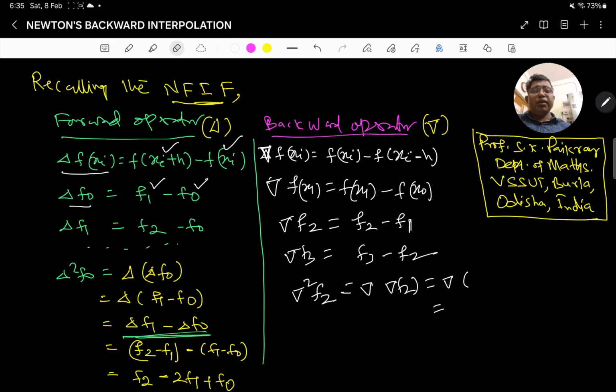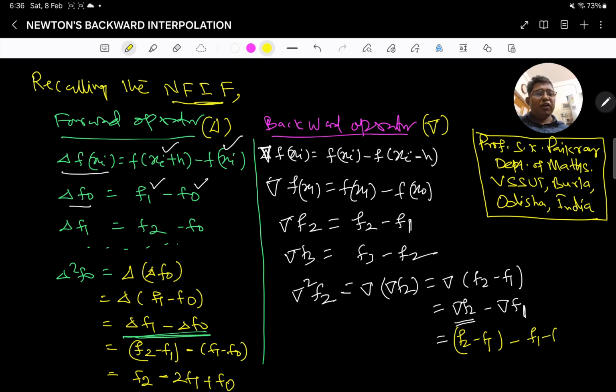Sorry, it is del f2, which means the same thing, f2 minus f1, and it will be del f2 minus del f1. Now what is del f2? Del f2 is the same thing, f2 minus f1, and my del f1 means again f1 minus the previous. So this is f2 minus 2f1 plus f0.